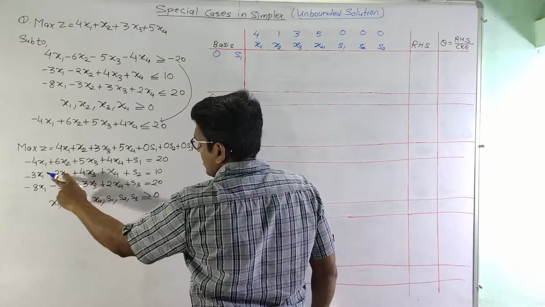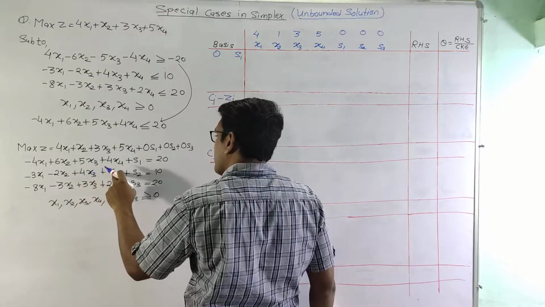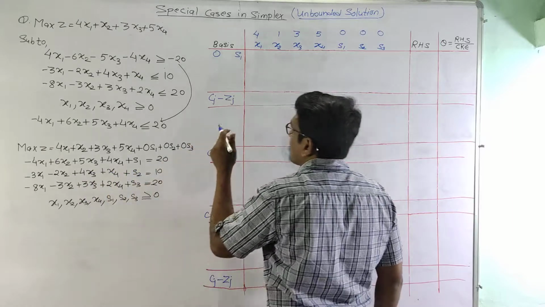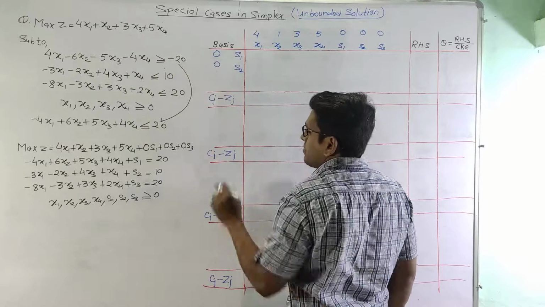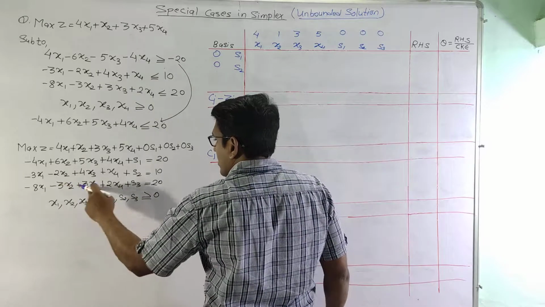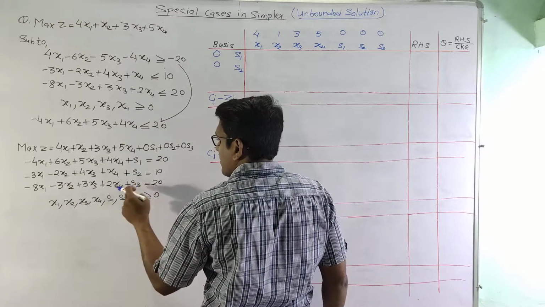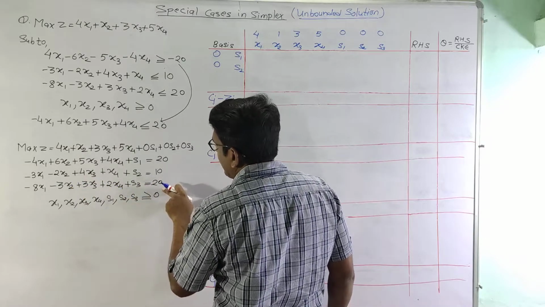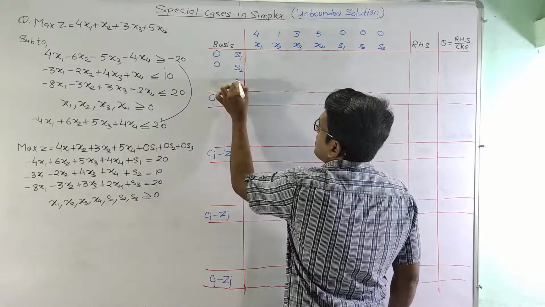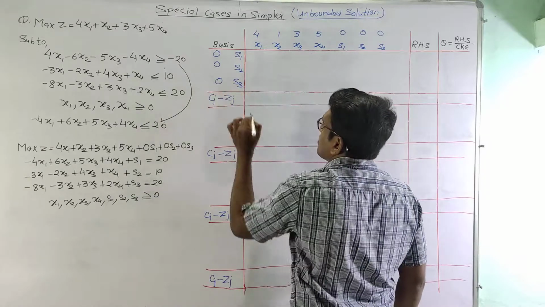Similarly, in the second constraint, if we put x1, x2, x3, x4 equal to 0, we will get s2 equal to 10, which makes it eligible to enter the basis column. Similarly, in equation 3, if we put x1, x2, x3, x4 equal to 0, we will get s3 equal to 20, which makes s3 eligible to enter the basis column.